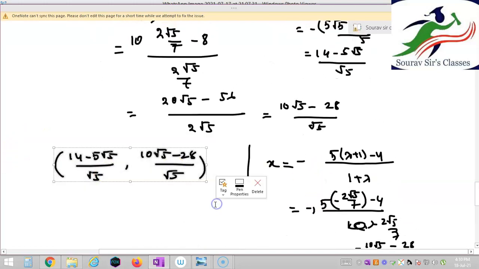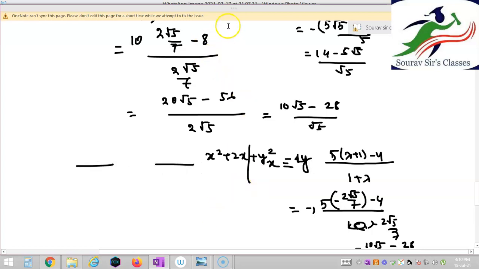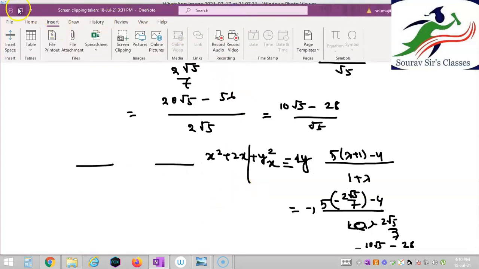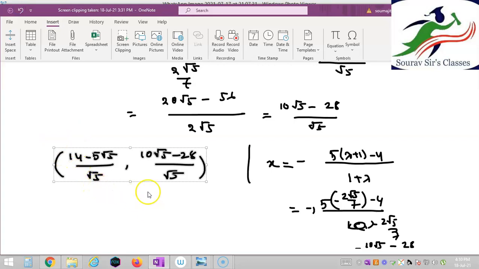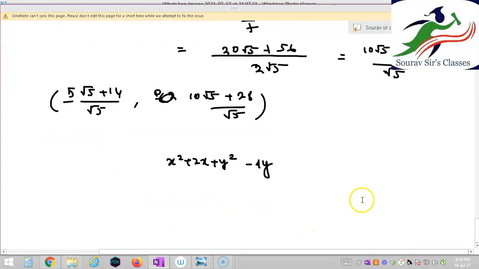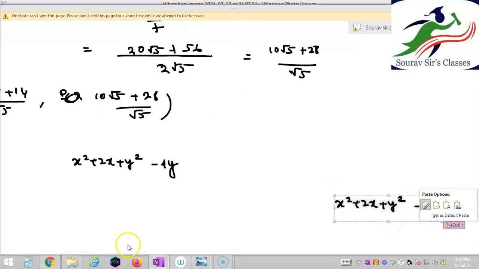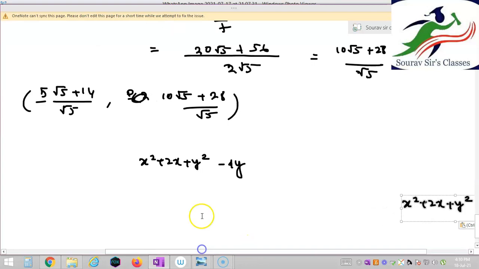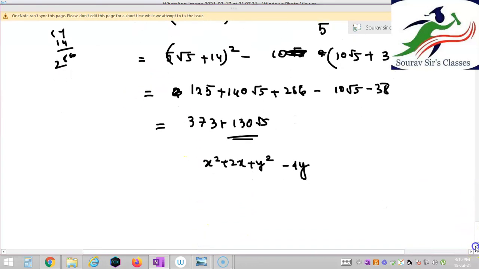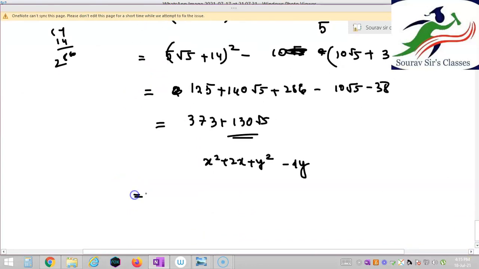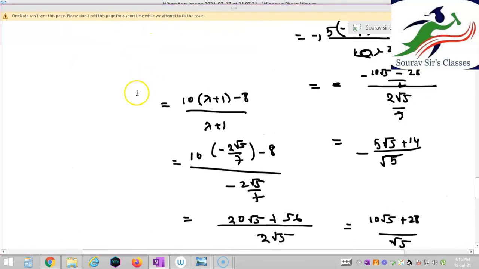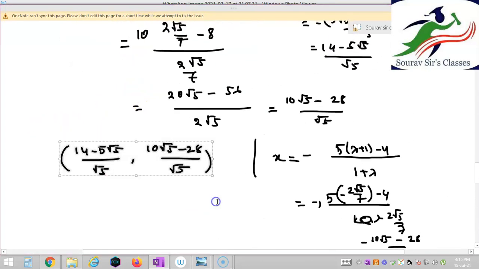This is the first value of x and y. Now I am going to put the values of x. This is the last value. This is the winning value.